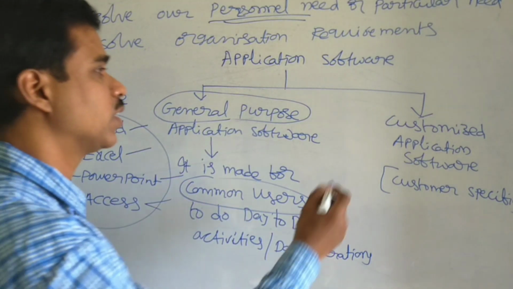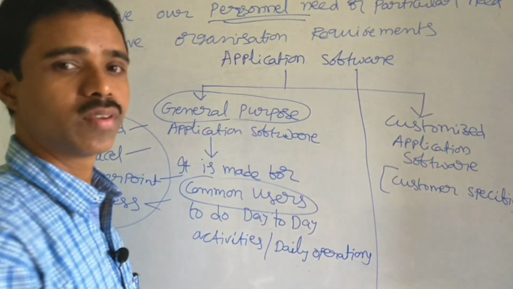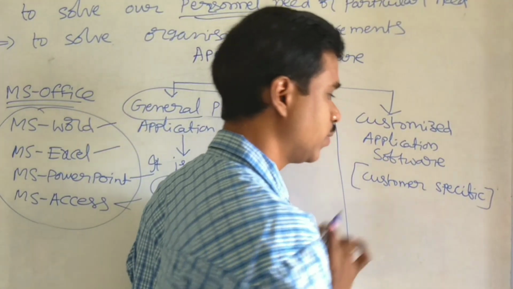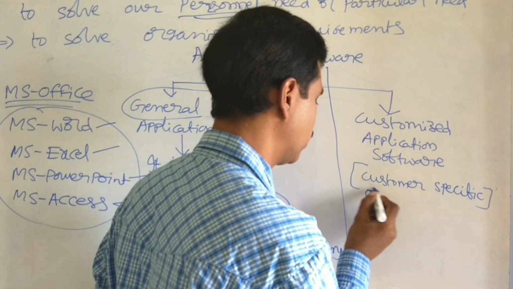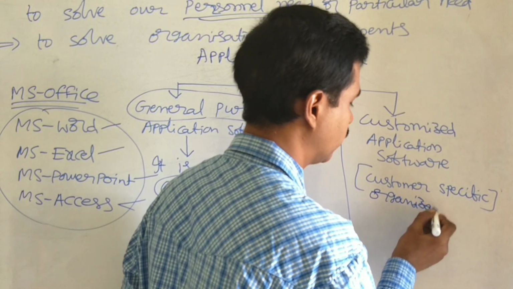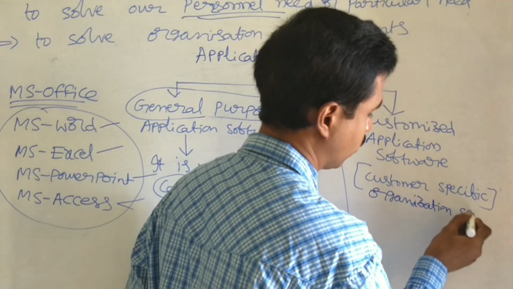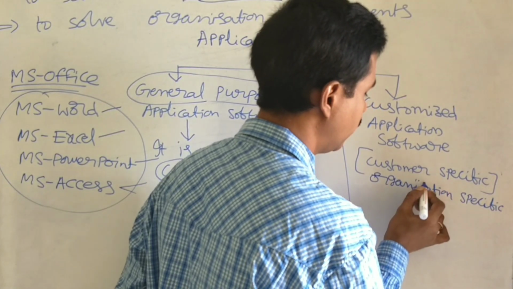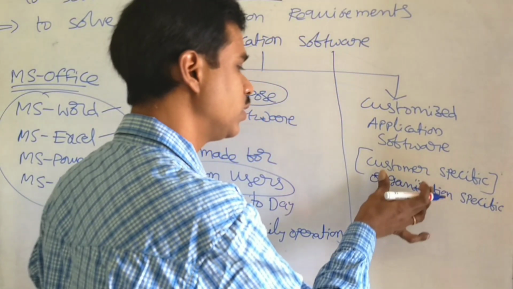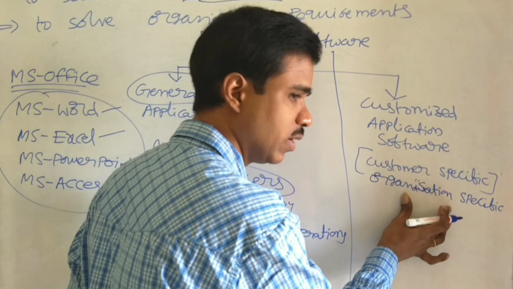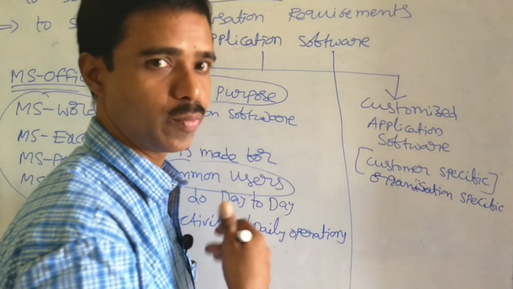Okay, coming to the customized application software. It is, as I already told you, customer specific, organization specific. Organization specific in the sense the software which was developed for a particular organization cannot be used by another company.